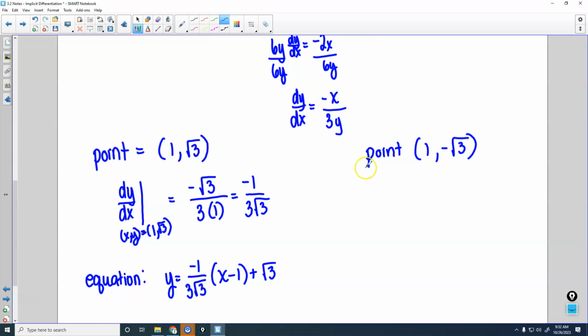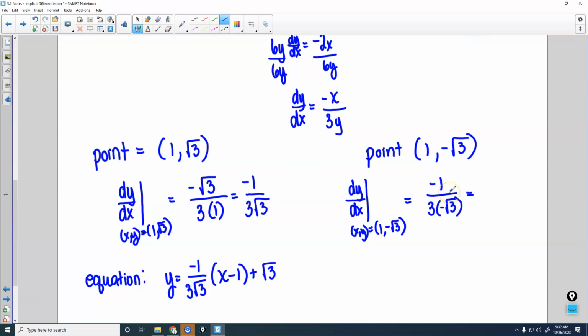If we try the second one, we've got dy/dx such that x, y equals 1, negative square root of 3. So this time, let's see if I can do it right this time. Negative 1 over 3 times negative square root of 3.